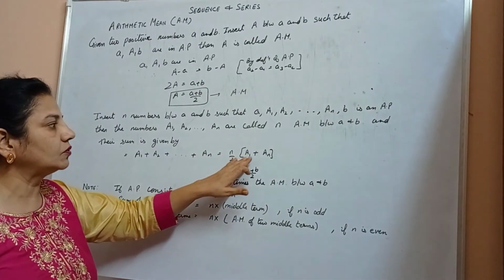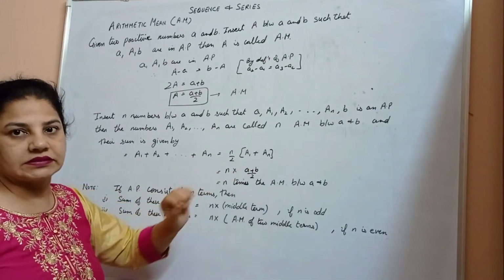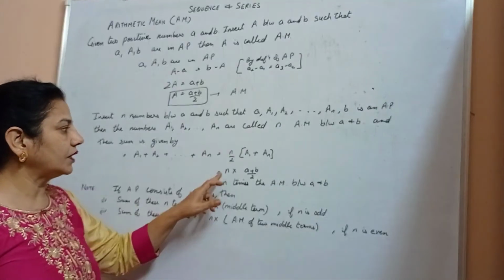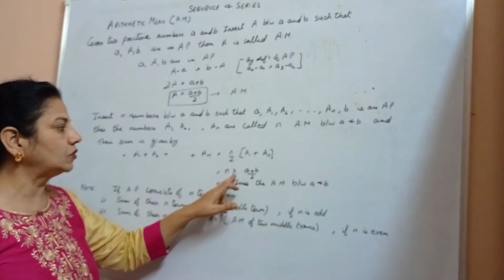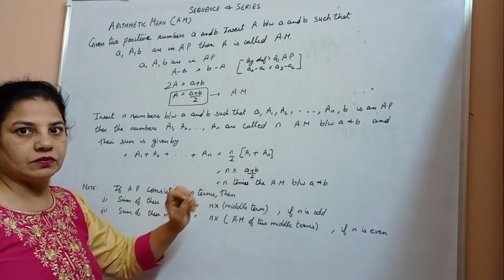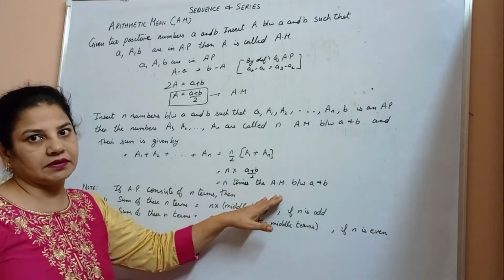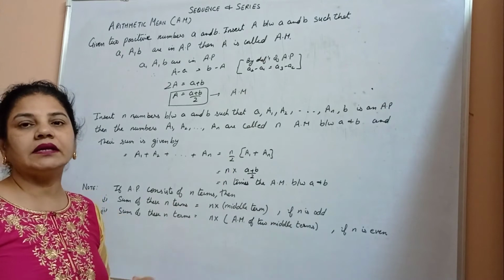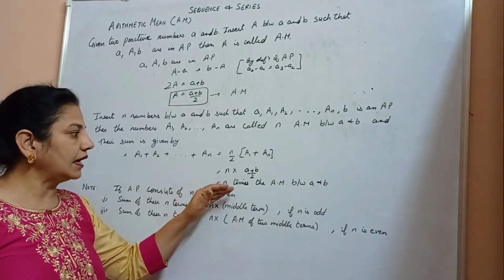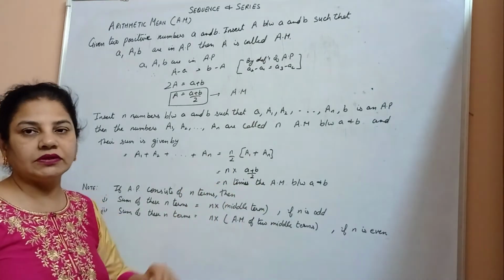So n by 2 is equal to first arithmetic mean plus last arithmetic mean. So also we can say n multiplied by a plus b by 2, or we can say n times the arithmetic mean between a and b. Sum of n arithmetic means is given as n times the arithmetic mean between the two numbers.